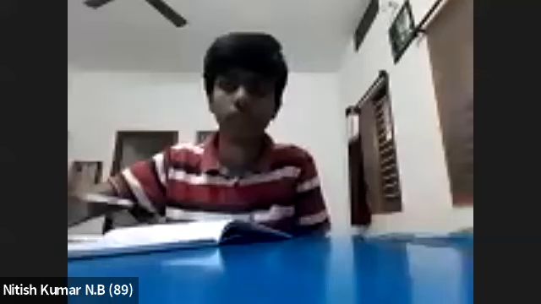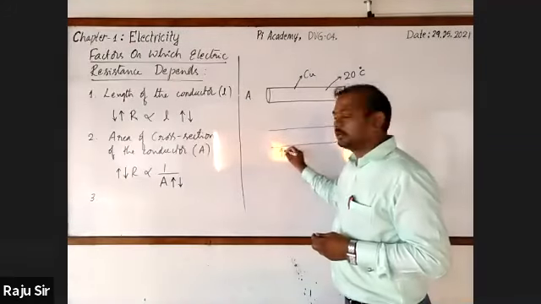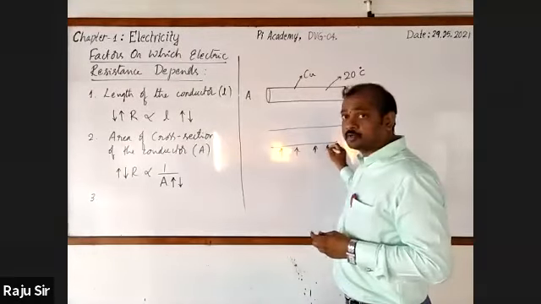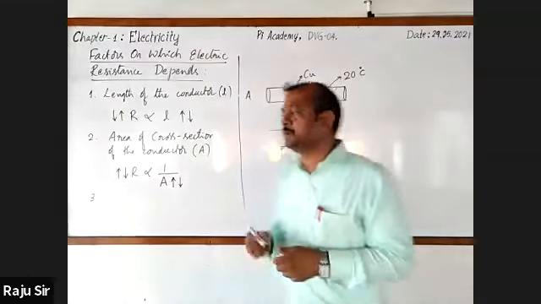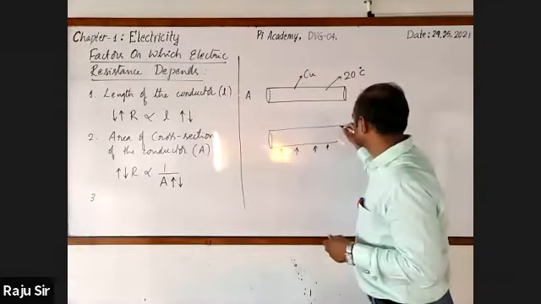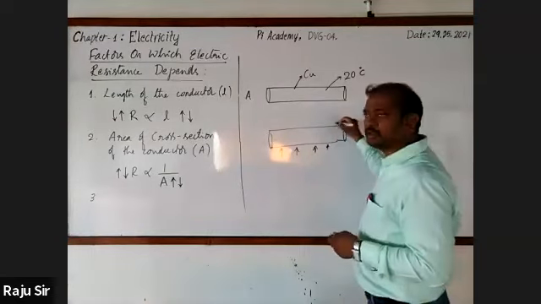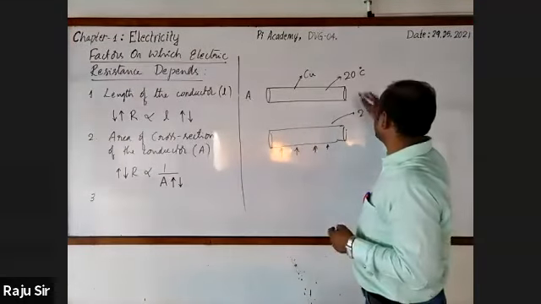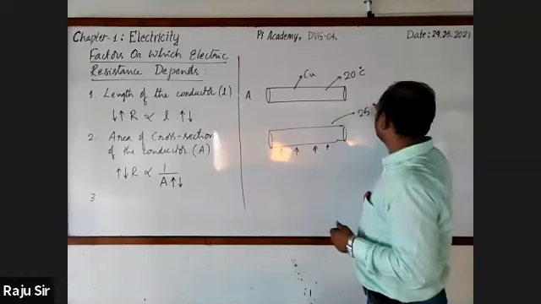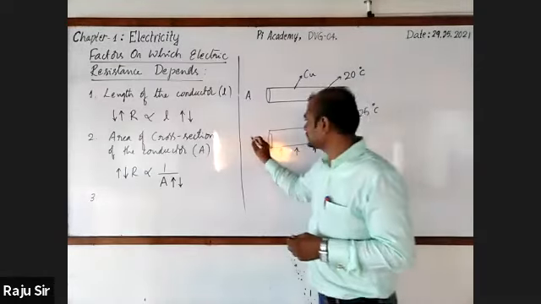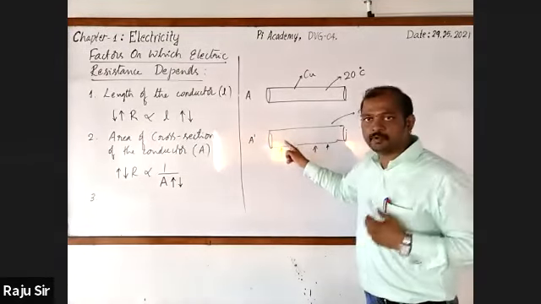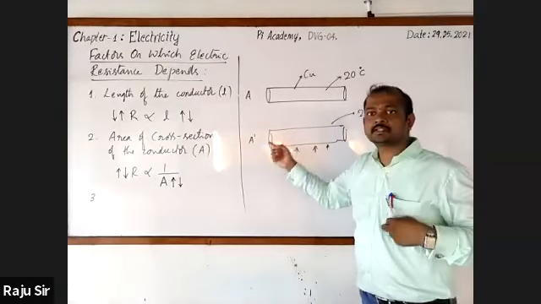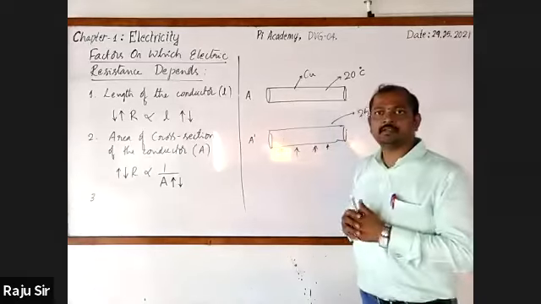Now, let us take the same conductor, but we are not going to heat it. Assume that the temperature has been changed from 20 degrees Celsius to 25 degrees Celsius. Will there be any difference in the resistance offered by the conductor?